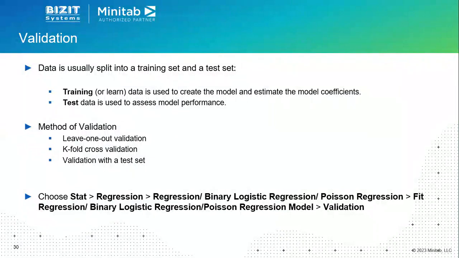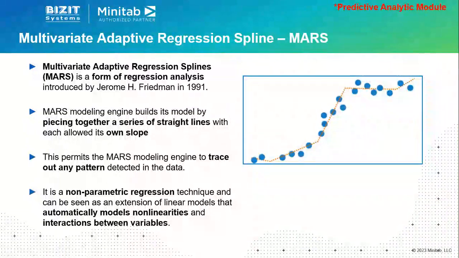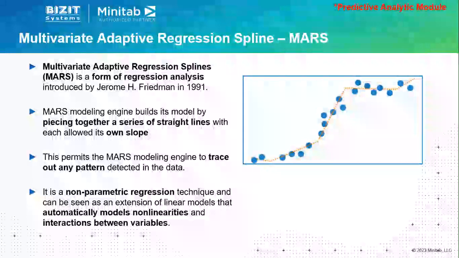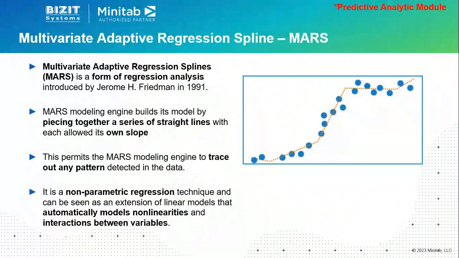We call it Multivariate Adaptive Regression Splines, or MARS. So MARS is actually a combination of the linear relationships just now. You can see one line here, second, third, fourth, and so on.